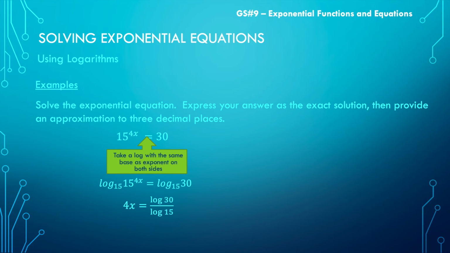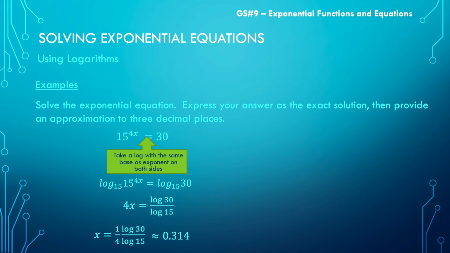So if I multiply both sides of my equation by 1/4, that's going to give us x is equal to 1/4 of log of 30 over log of 15, which is the same as log of 30 over 4 log of 15. And then we would use our calculator to go ahead and get an approximation there.